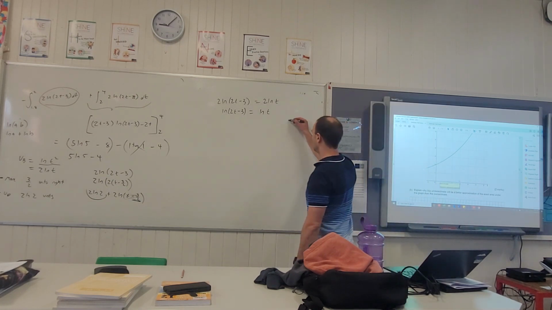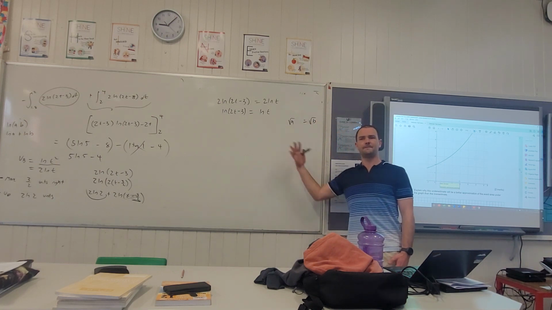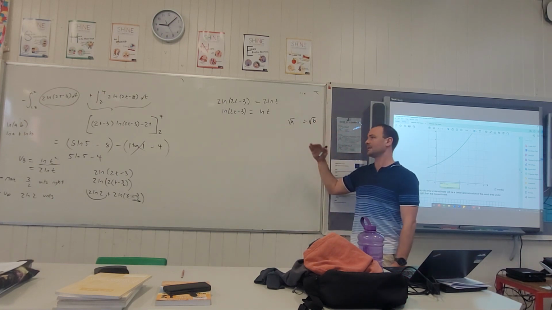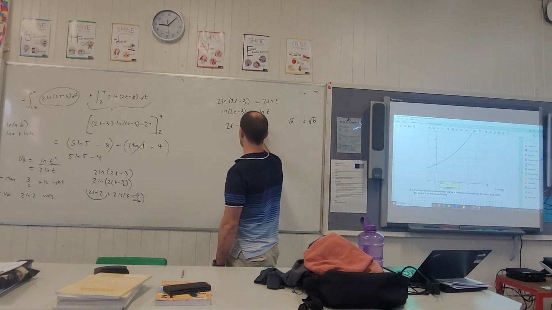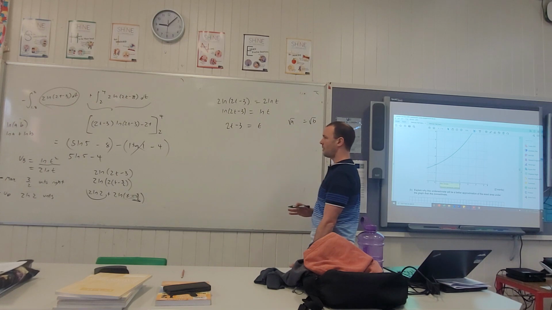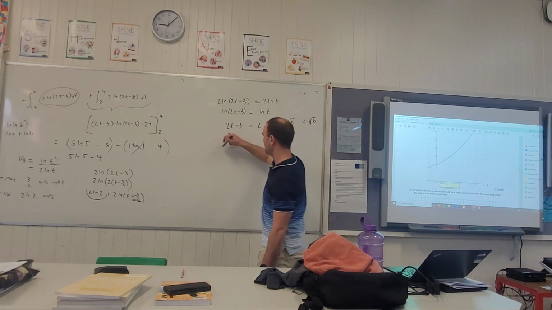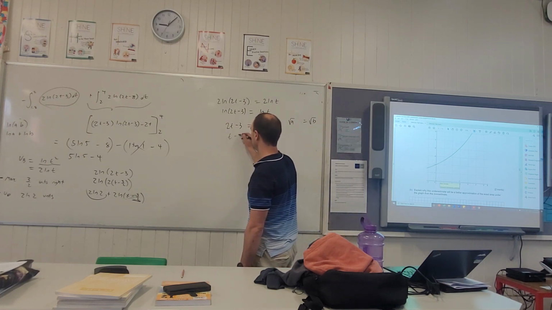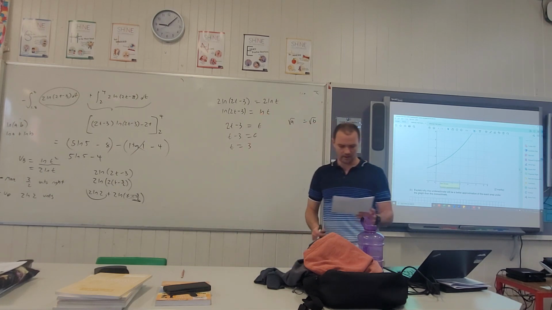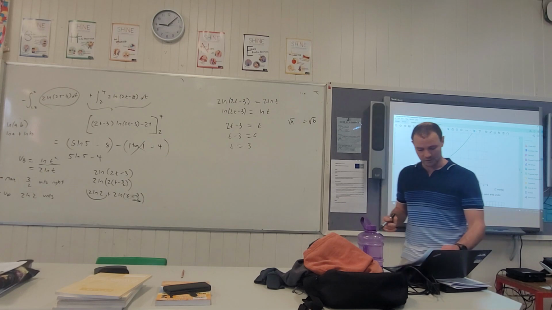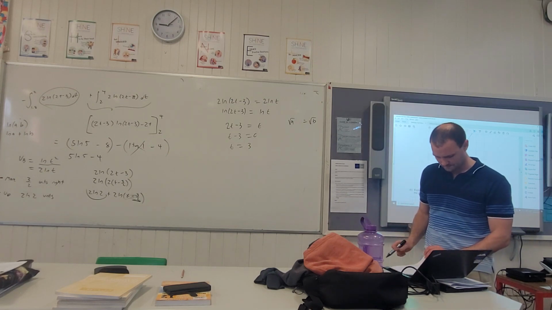And so it's like saying, if you have the square root of a equals the square root of b, a has to equal b. It's a function. If you have sine of a equals sine of b, then a has to equal b. So that means the inside component here, 2t - 3 has to equal t. We'll solve for t. I'm going to move this t over here. So we'll have t, and then move the 3 over. We've got t is 3. And you could even obtain that by g-solving the point of intersection, right?